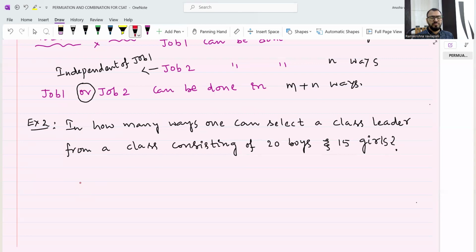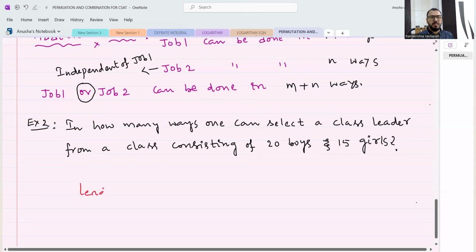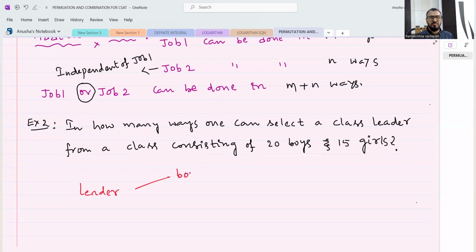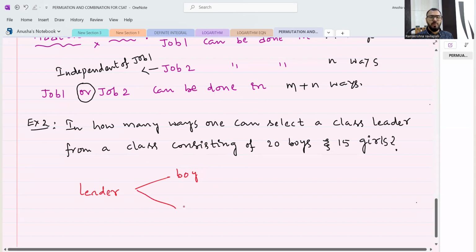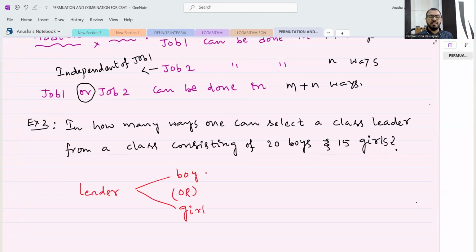So that leader can be a boy or a girl. Here I have to use the word or. If it is a boy, there are 20 ways to select a boy leader.